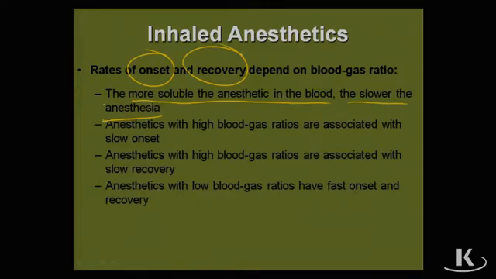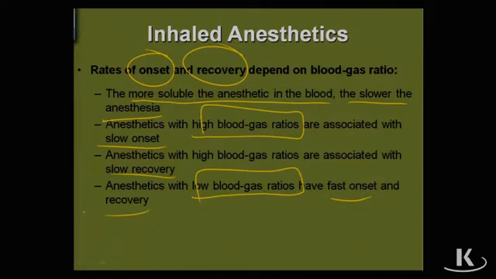The higher the plasma protein binding, the greater the fraction of the anesthetic in the blood, and the longer it will take to achieve an efficacious concentration in the brain. So anesthetics with a high blood gas ratio like halothane have a slow onset. They also have a slow recovery. Anesthetics with a low blood gas ratio like nitrous oxide, never forget, have fast onset and recovery.